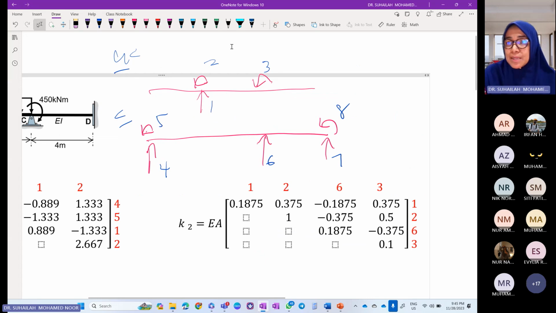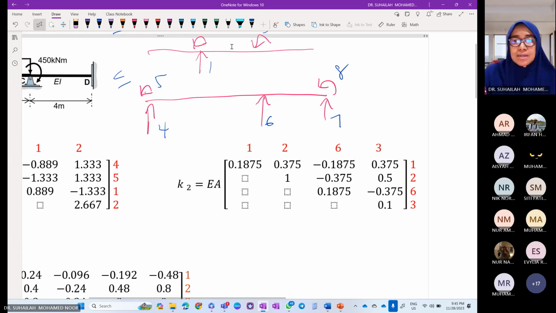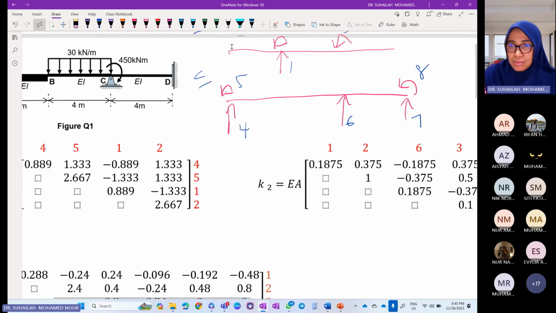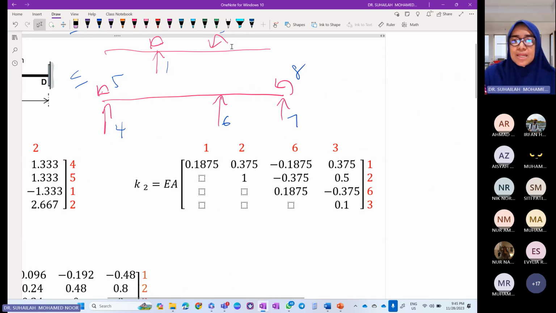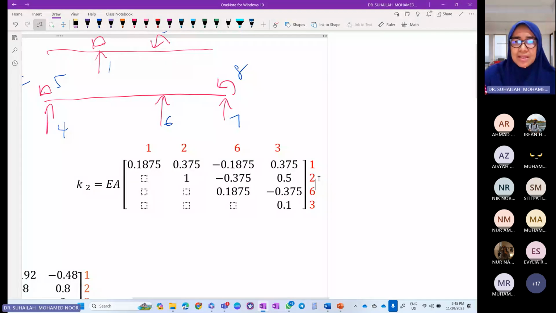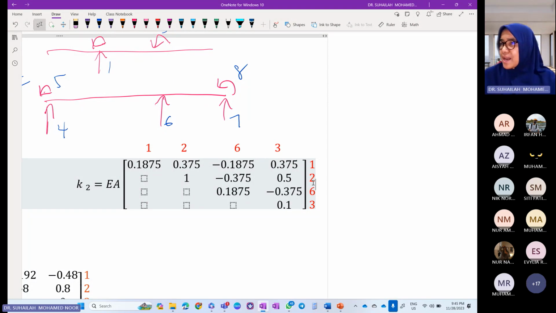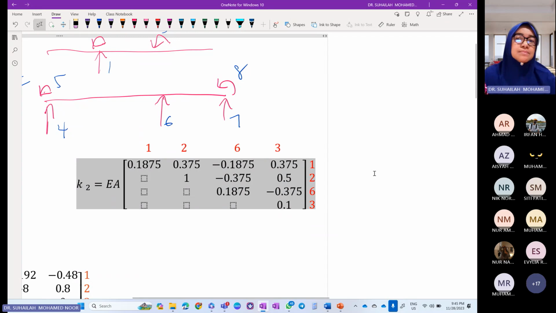That is K1 and K2. And actually for K3, you will get the same answer because the EI and the length are equal.